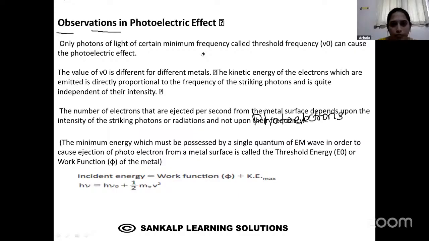Here, what are the observations done during photoelectric effect? Only photons of a certain minimum frequency, called threshold frequency, can cause photoelectric effect. You should have some certain minimum energy.